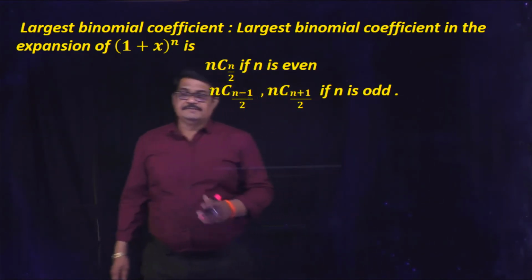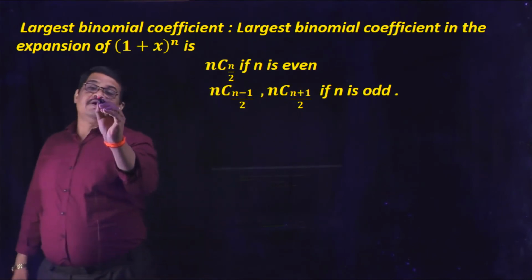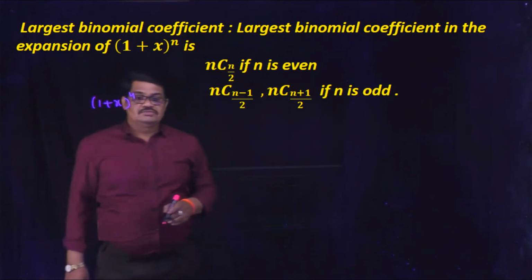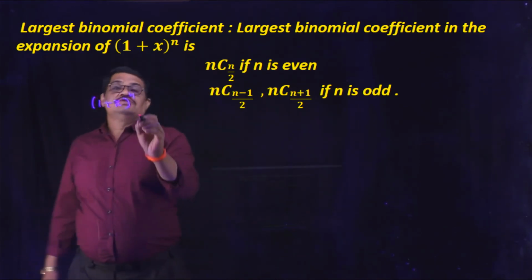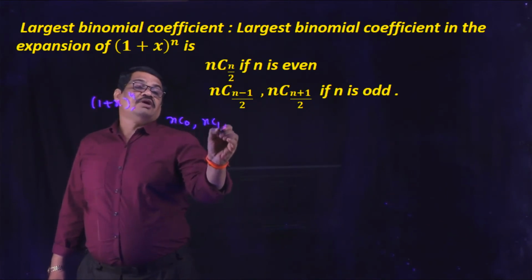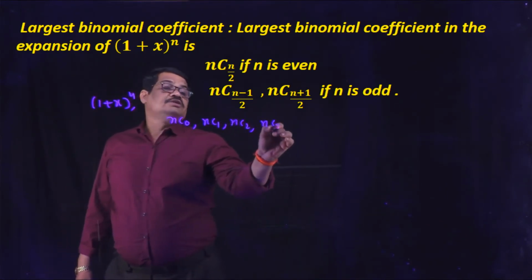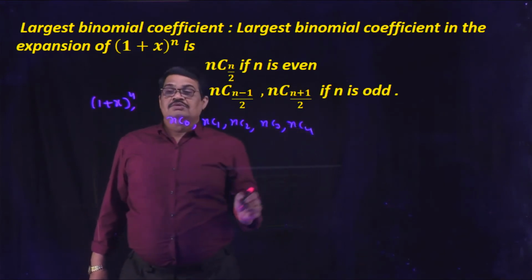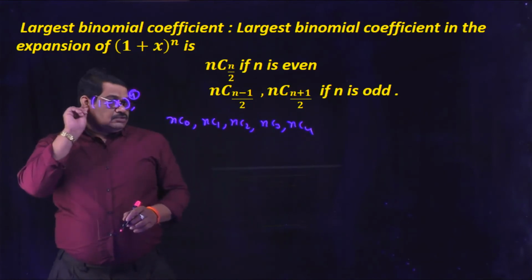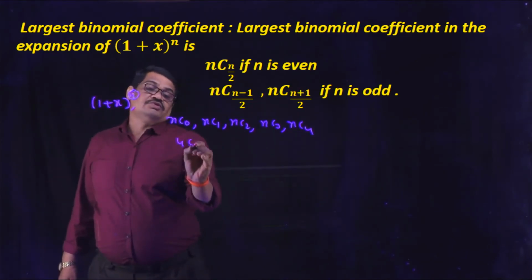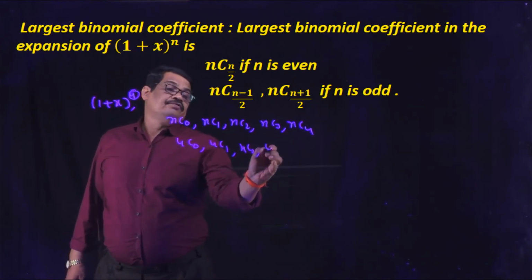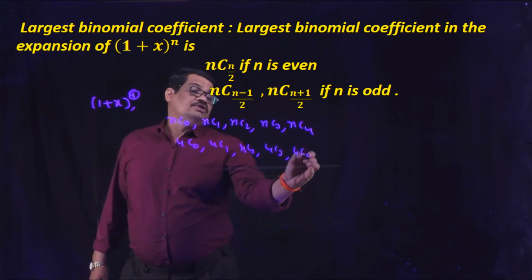Here also we are writing (1 + x)^4. In that, what are the binomial coefficients? nC0, nC1, nC2, nC3, nC4. Here n is 4, so 4C0, 4C1, 4C2, 4C3 and 4C4.